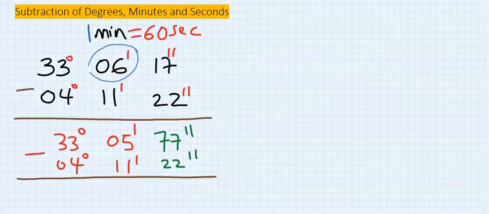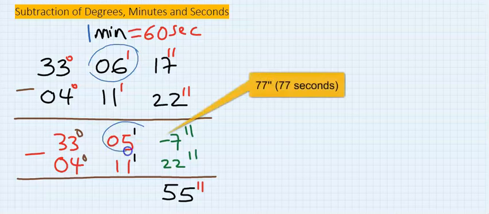Now, let's begin subtraction of the seconds. 77 seconds minus 22 seconds. We have 55 seconds. Now we are done with the seconds. Let's consider the minutes. 5 minutes minus 11 minutes.